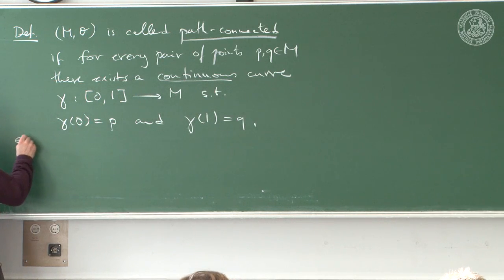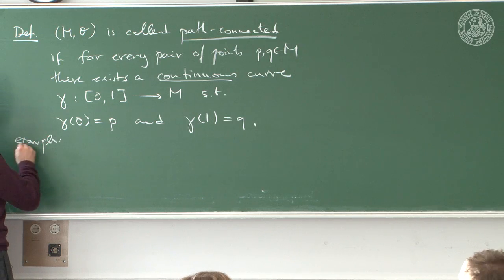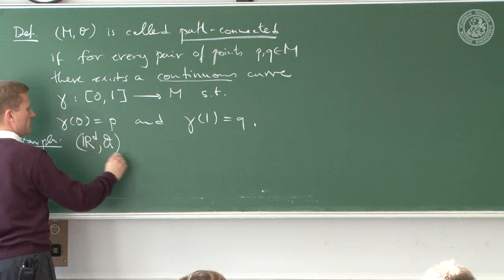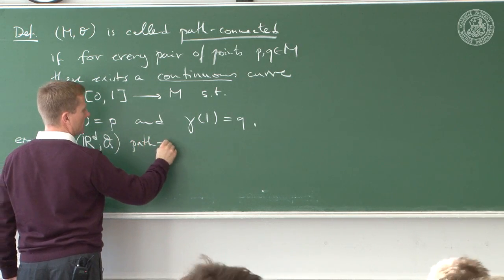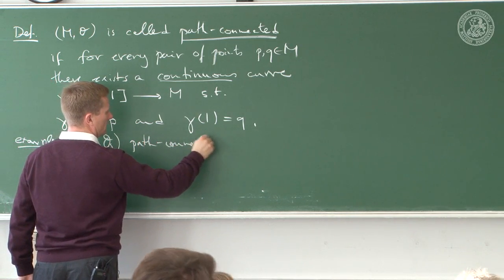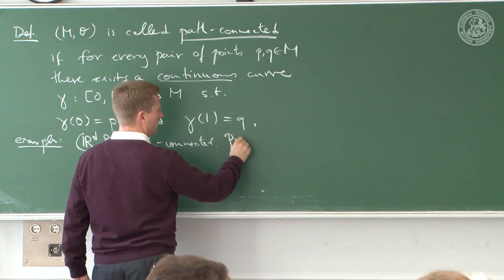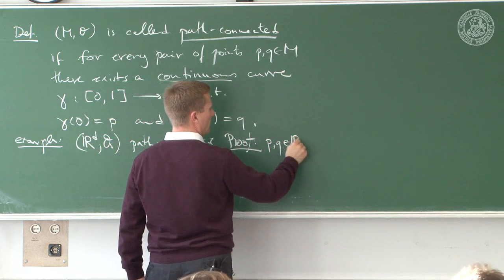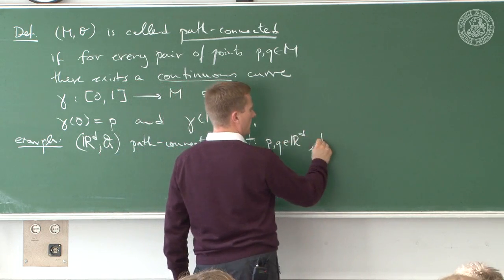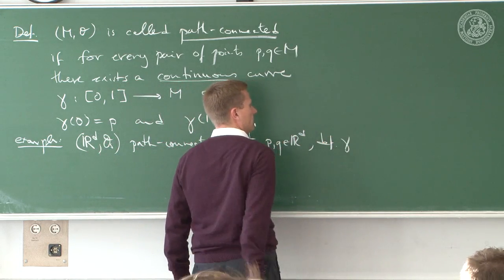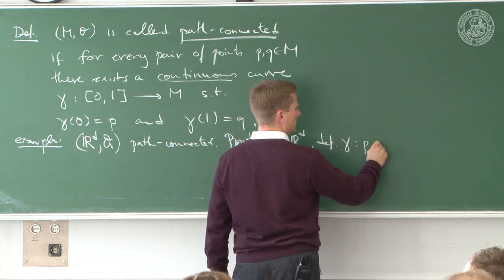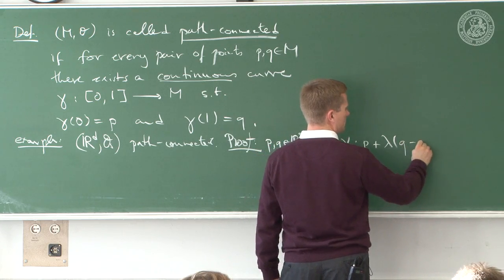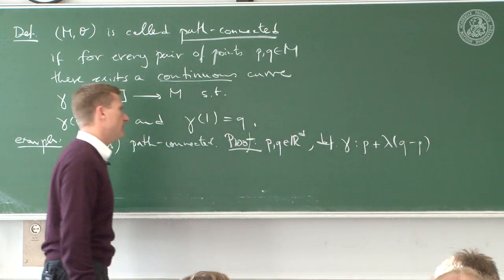So, examples. R^d with the standard topology is path connected. The sketch of the proof is very simple. Take two points P and Q out of R^d and define the curve by starting at P and going lambda times (Q minus P), where lambda is the parameter.